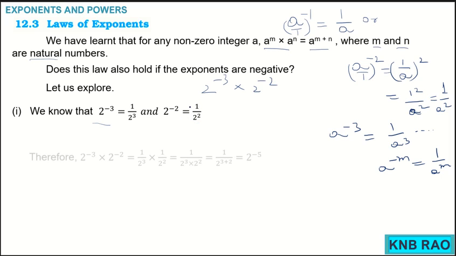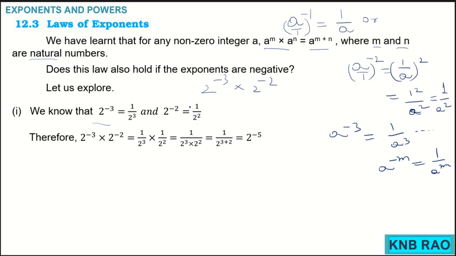Now if I write this product, 2 power minus 3 into 2 power minus 2, in the form of 1 upon: 1 upon 2 power 3 into 1 upon 2 square, where 1 into 1 is 1 and 2 cube into 2 square comes in the denominator.